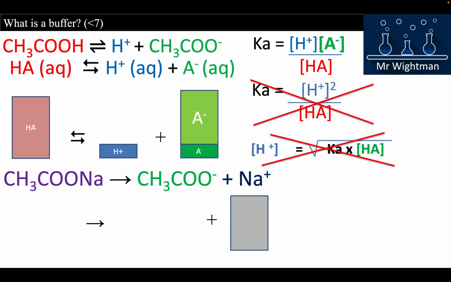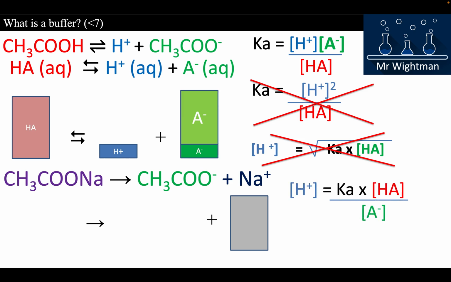Any question that says buffer calculations, or where you have sodium ethanoate produced from a reaction, could be from a titration of, say, a weak acid with sodium hydroxide that would produce sodium ethanoate, we get a buffering action produced. Whenever we have a buffer, we can no longer assume those relationships.